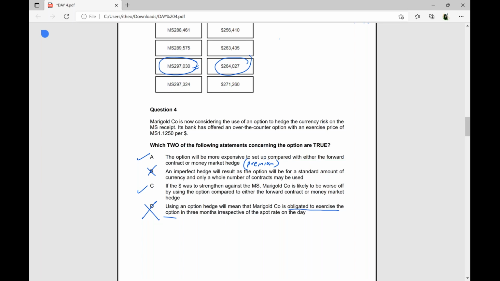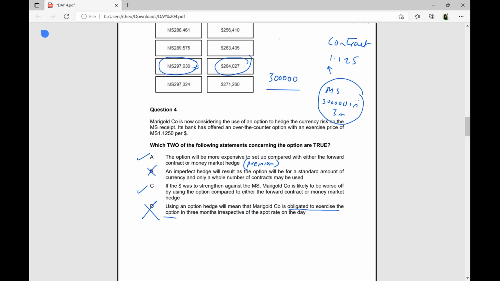And if the dollar was to strengthen, Marigold is likely to be worse off by using the option compared to the forward market or money market. Now let's suppose you are receiving shillings 300,000 in 3 months, and you do an options contract at the rate of 1.125.